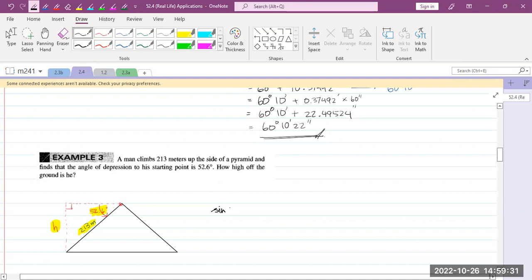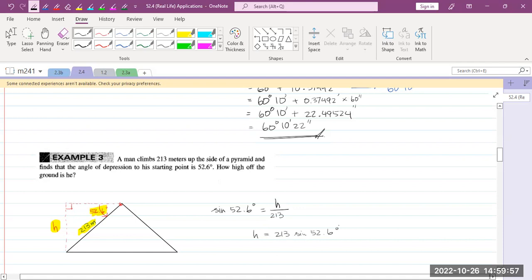The opposite of 52.6 degrees equals to, right? Sine 52.6 degrees is the opposite h over the hypotenuse 213, right? So the height will be 213 sine 52.6 degrees.